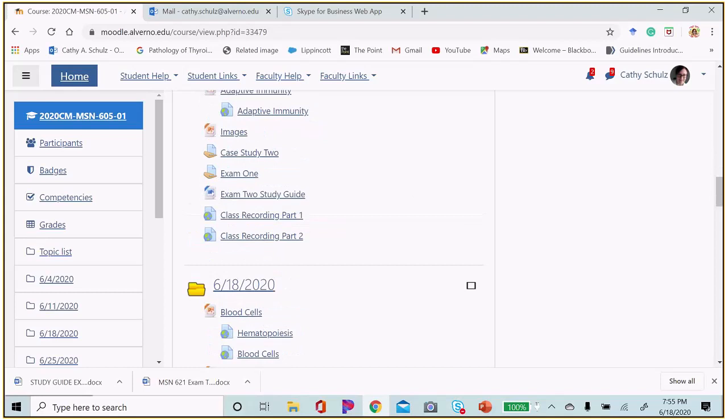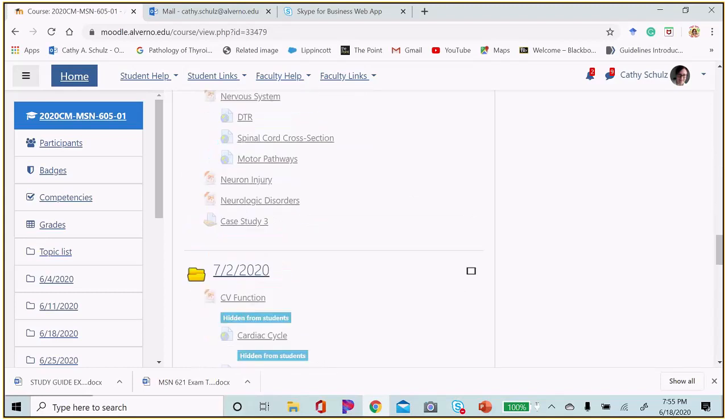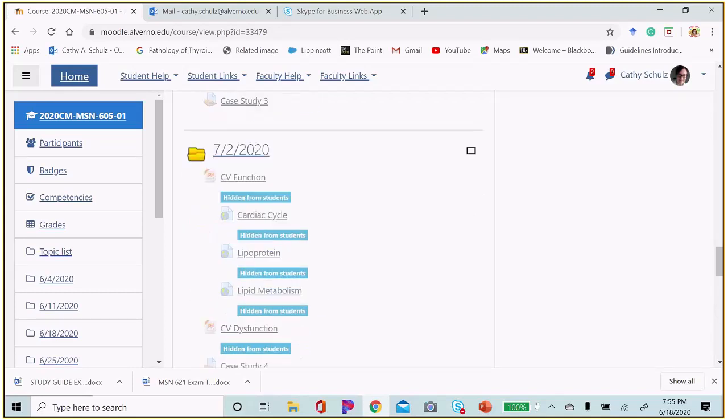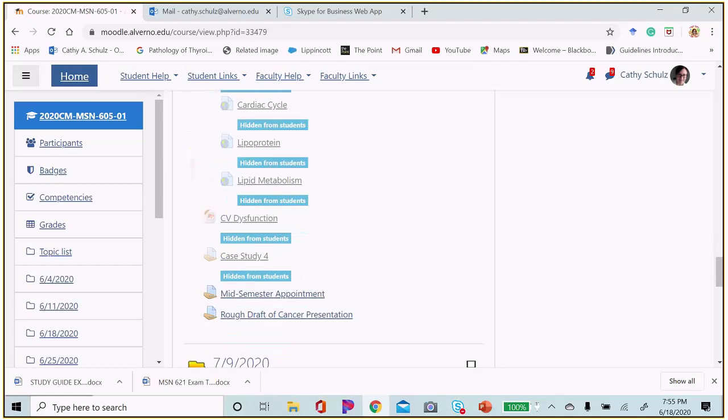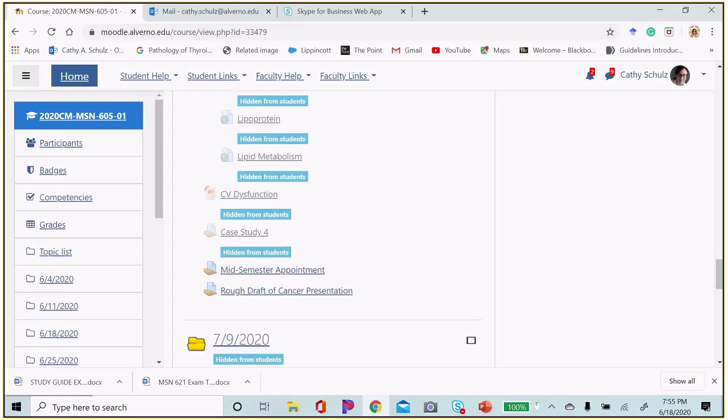I did add, if you go under our topic for July 2nd, you don't have to put anything where it says mid-semester appointment. This is just sort of a space for my grade book, so I know to give people the points if we have our appointment. But then this is where you can put your rough draft for your cancer presentation, so then I can take a look at it and give you feedback on it.